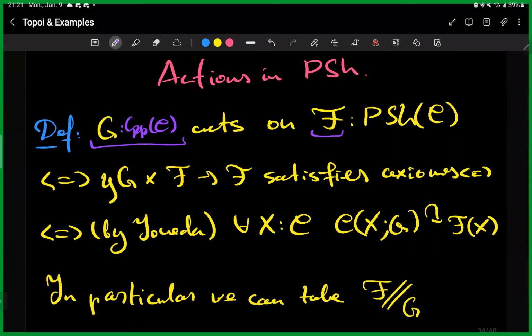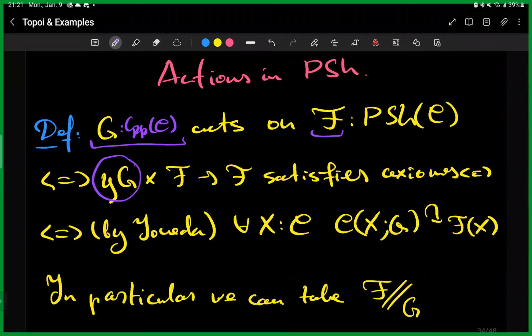So we take the value of the Yoneda embedding on G, we obtain a group object in the category of presheaves. And then we say that, well, our group acts on this presheaf if this morphism satisfies the axioms of an action.